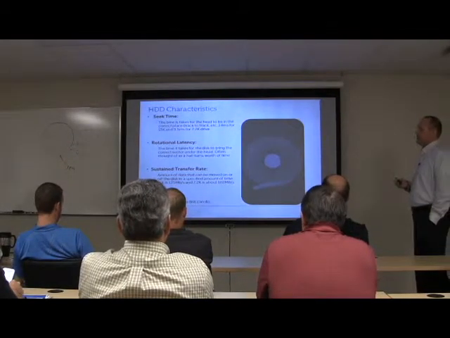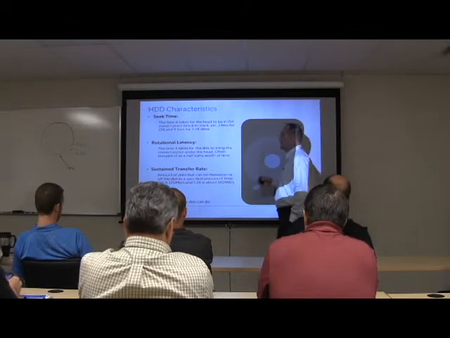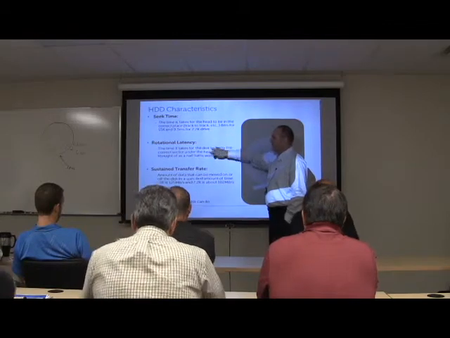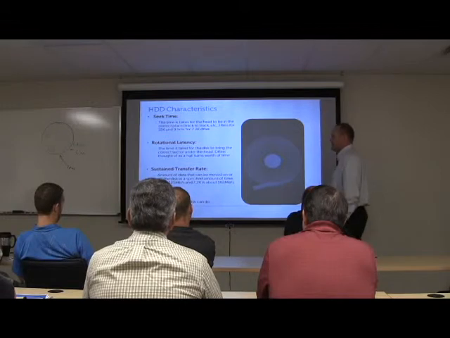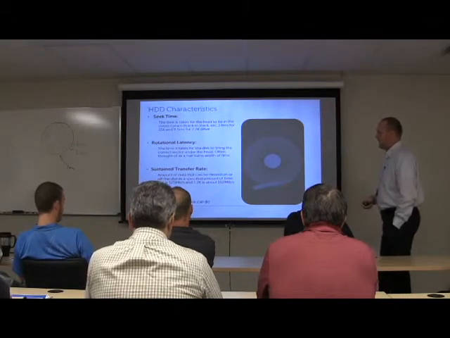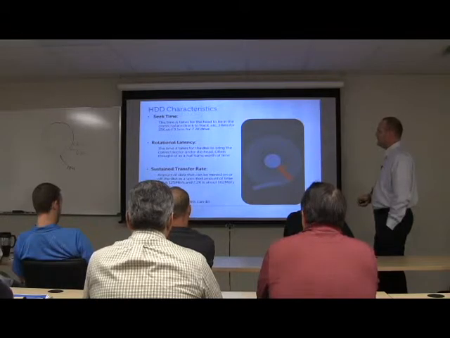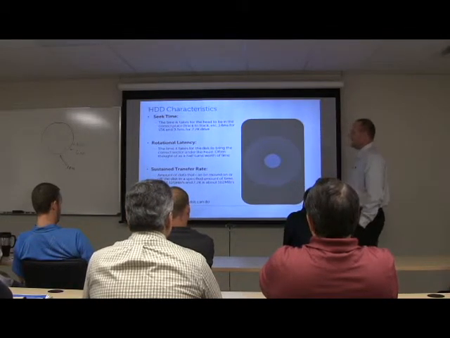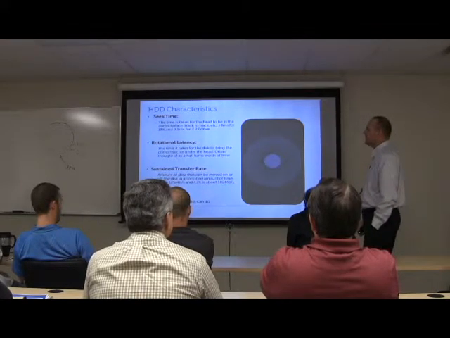So hard disk drives. This may be something you don't care about, but there's a seek time, a rotational latency, and a sustained transfer rate, and that equates to the number of IOs that a disk can do. The seek time is about 4 milliseconds for your 15K, almost 10 for your 7.2K drive.